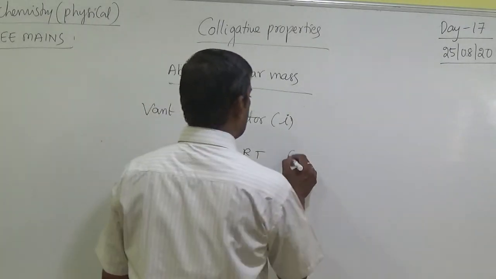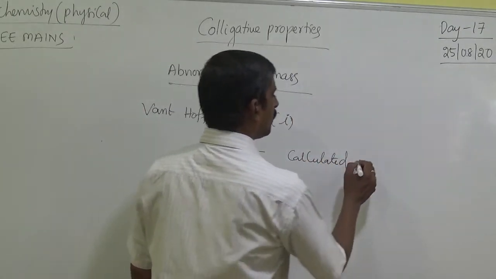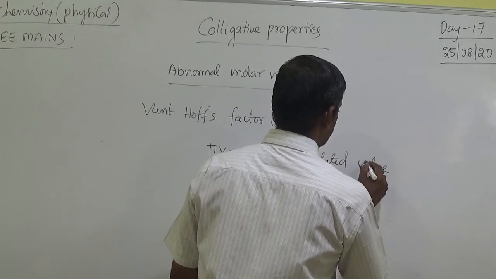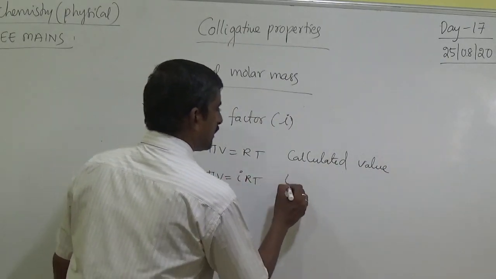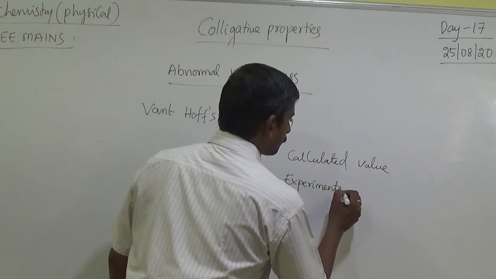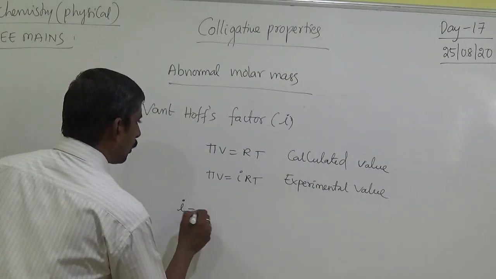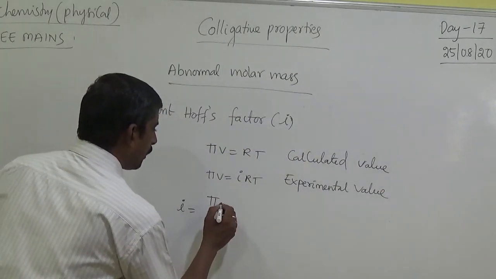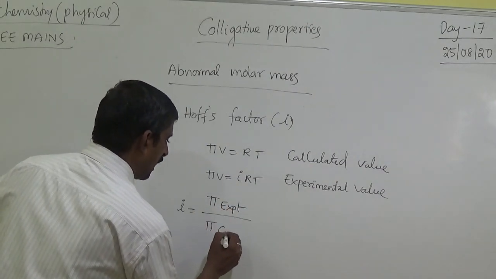These are calculated values. Pi V equals iRT is the experimental value. Here the Van 't Hoff factor i equals pi of experimental value by pi of calculated value.